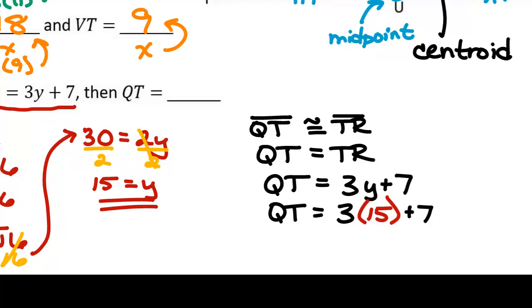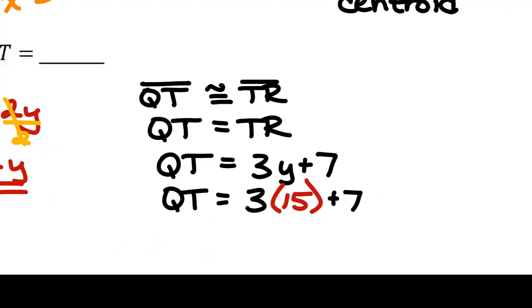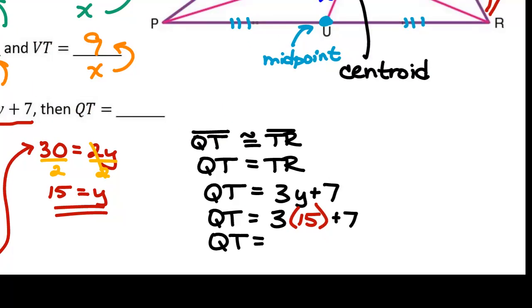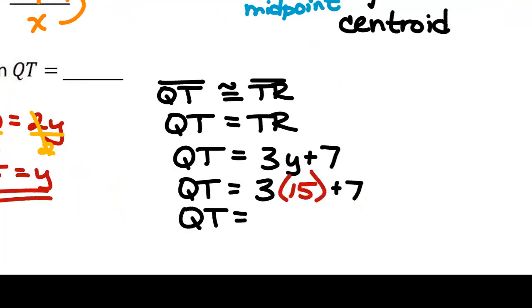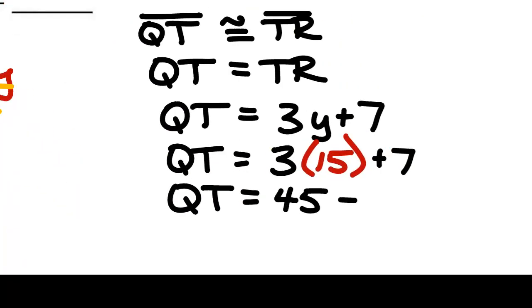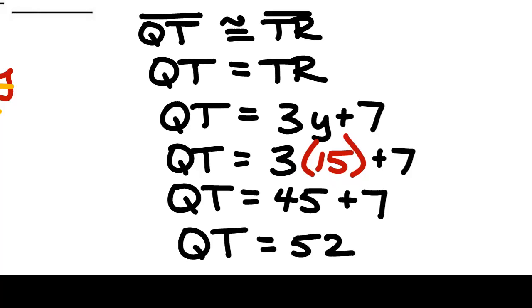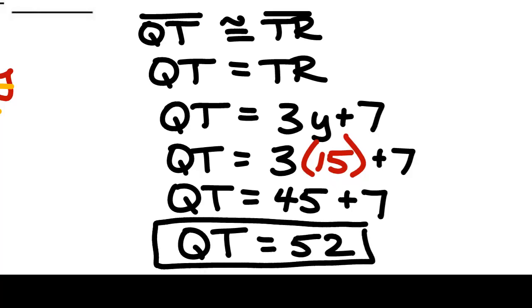What is 3 times 15? 45, yep. So we have 45 plus 7. What is 45 plus 7? 52, yes. QT is 52.